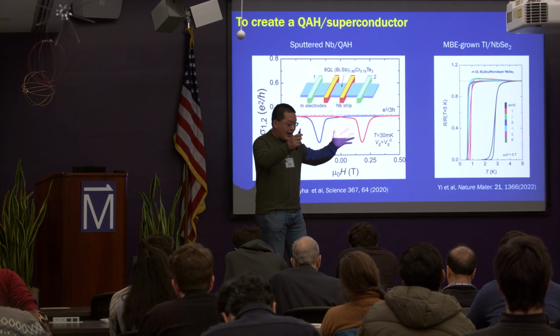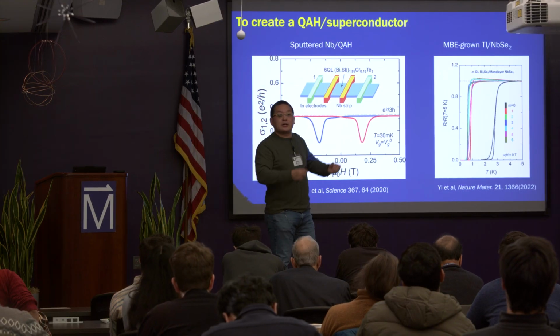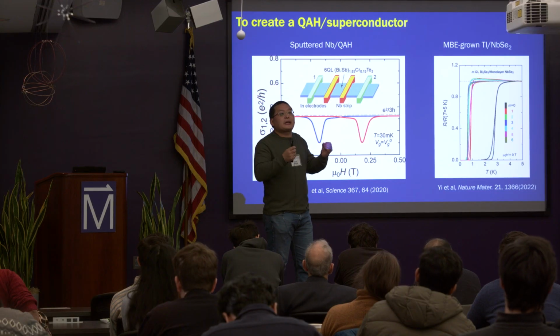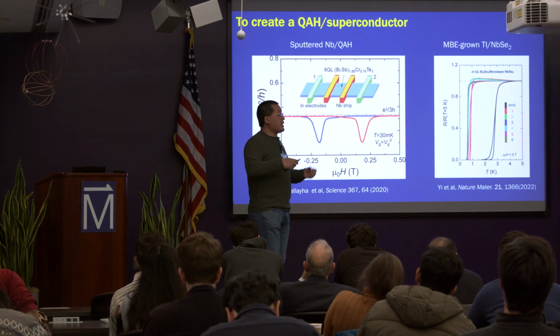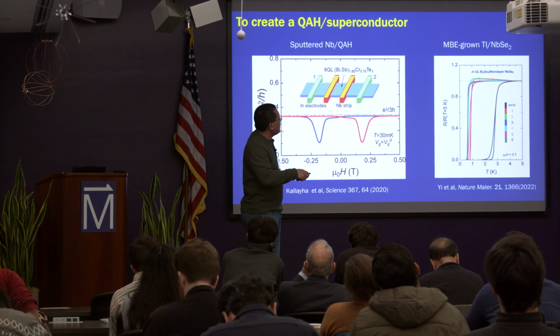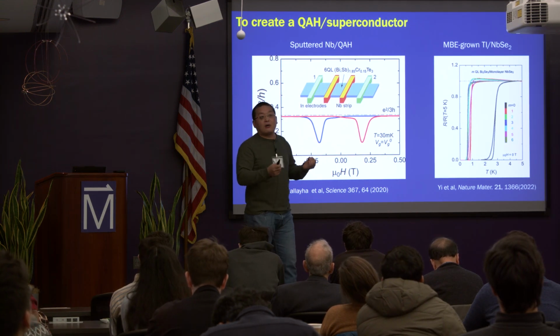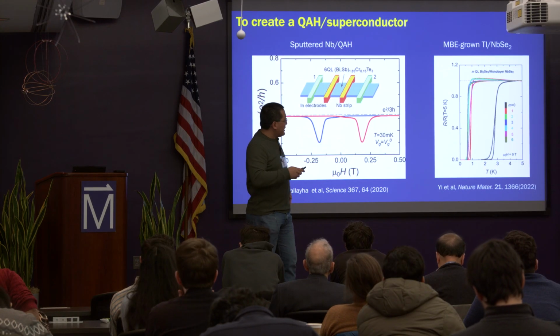So this is not like the theorists' prediction. Theorists say that if you put a quantum anomalous Hall insulator on top of a superconductor, the superconductivity can survive forever. But in experiment, if you have a superconductor layer and put magnetic TI or TI on top, you will kill or suppress the superconductivity. It's not like what we thought.